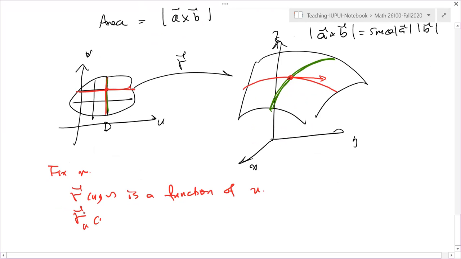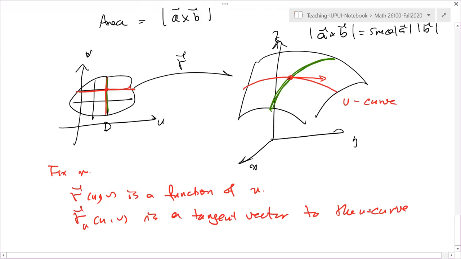So r_u(u,v) is a tangent vector to the, I call this one a u curve, right? Because u changes, you get a curve. So it is tangent to the u curve.